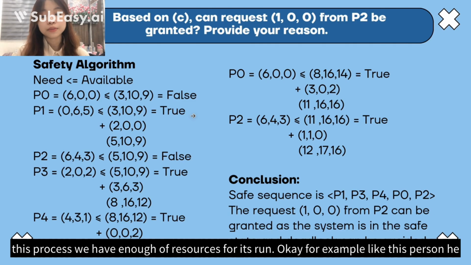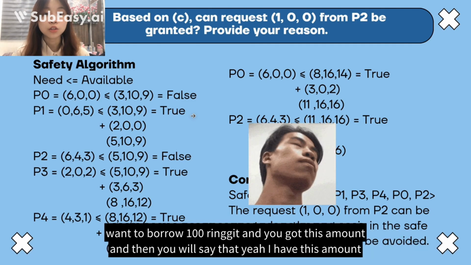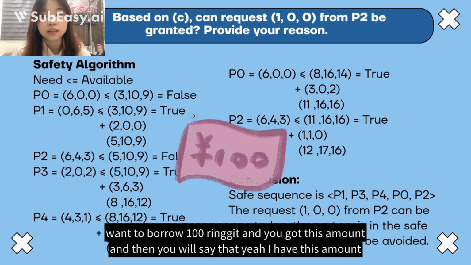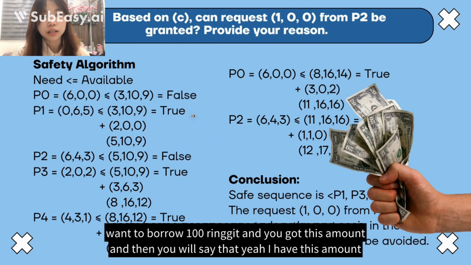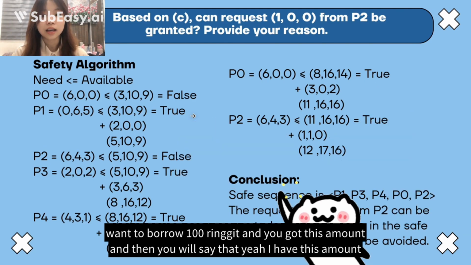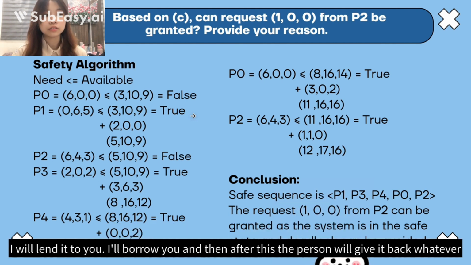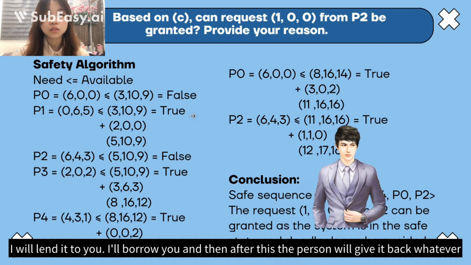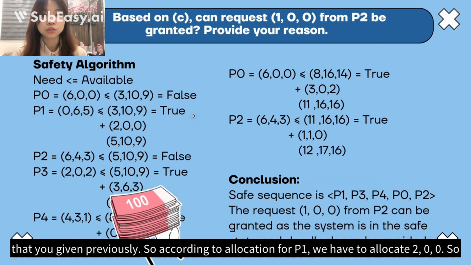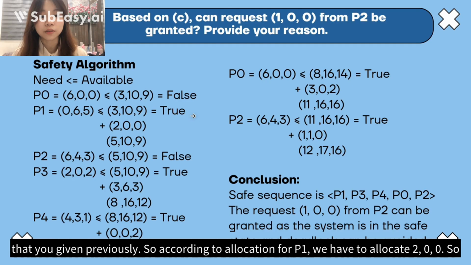For example, this person wants to borrow 100 ringgit, and you have this amount, so you will say, yeah, I have this amount, I will lend it to you. And then after this, the person will give back whatever you lent previously.